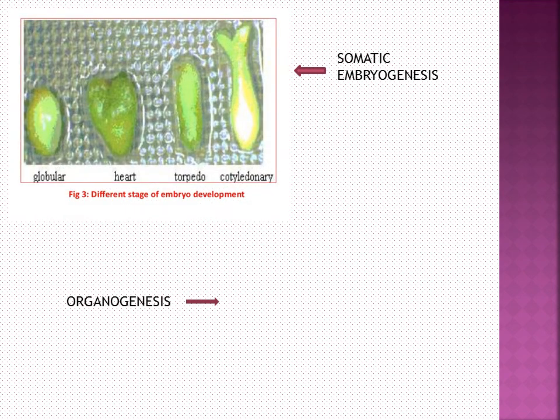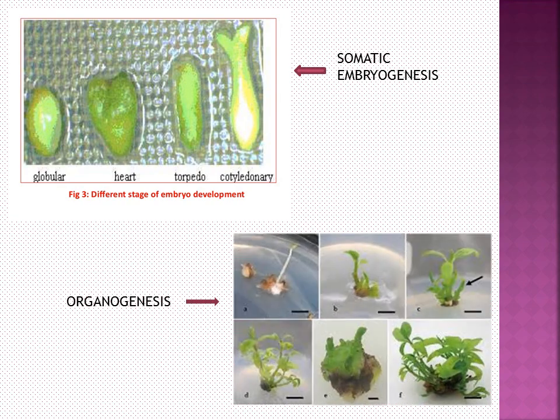Here we have the different stages of embryo development of somatic embryos. So you can see the globular shaped structure, heart shaped structure, torpedo structure and cotyledonary structure of somatic embryos. Here is a picture of organogenesis where we have rooting and shooting.